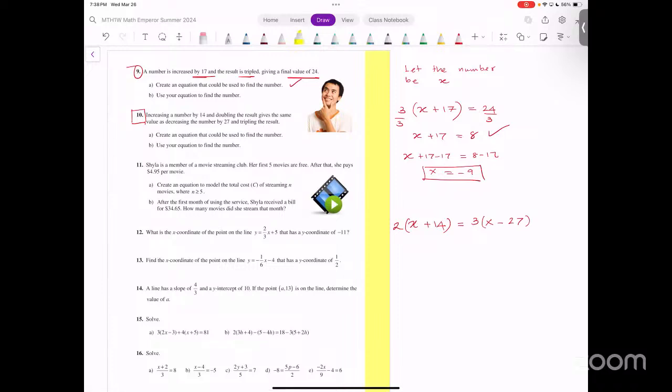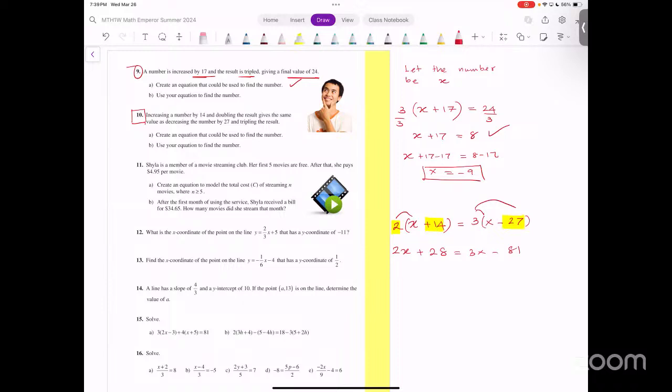Increasing the number by 14 and doubling the result is the same as decreasing the number by 27 and then tripling the result. Are you guys following that, guys? Are you guys following that online? Yeah. We learned how to open the bracket to simplify. Right now, are you following that, man?